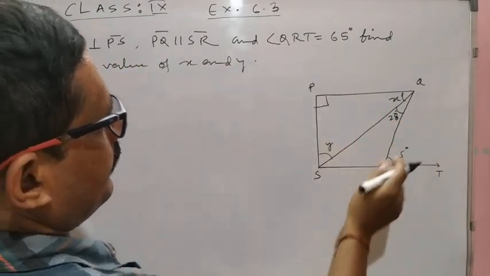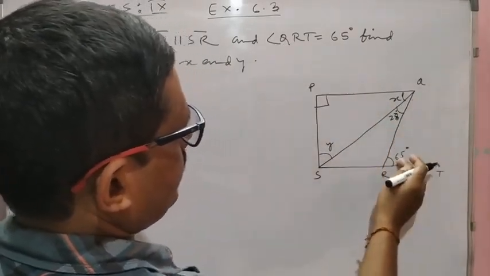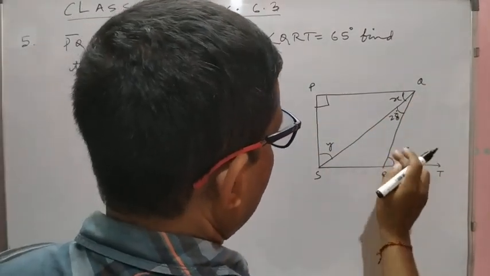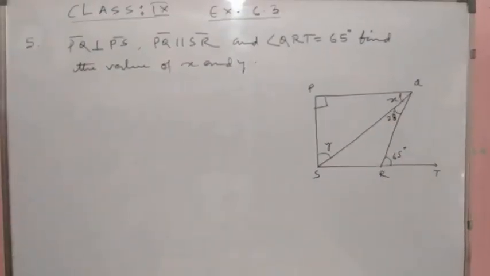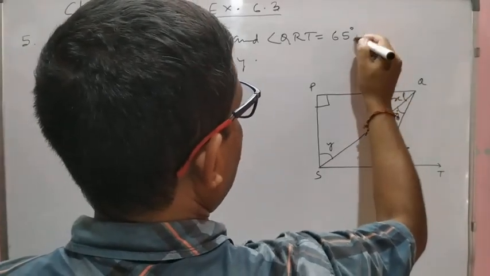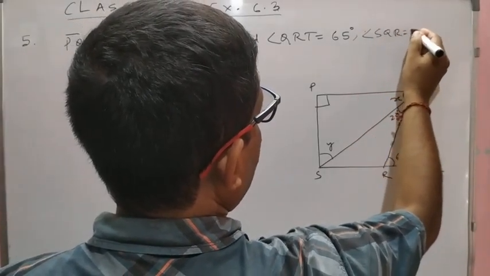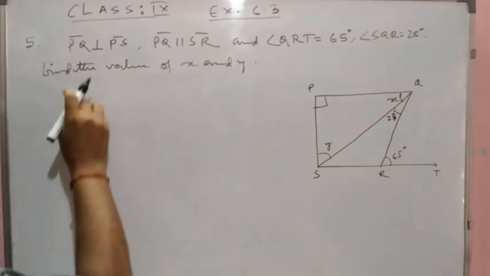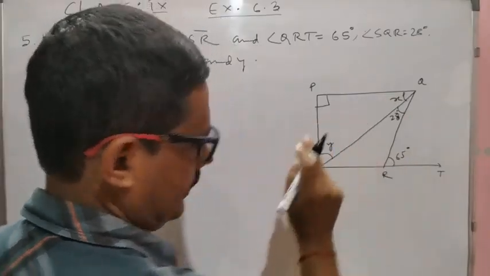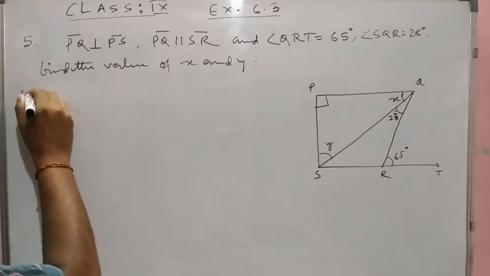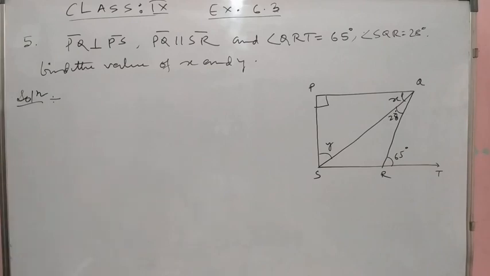And angle QRT is 65 degrees. And angle SQR is 28 degrees. Now find the values of X and Y. Angle SQR is 28 degrees, so we have to find the values of X and Y. Let us see the solution.